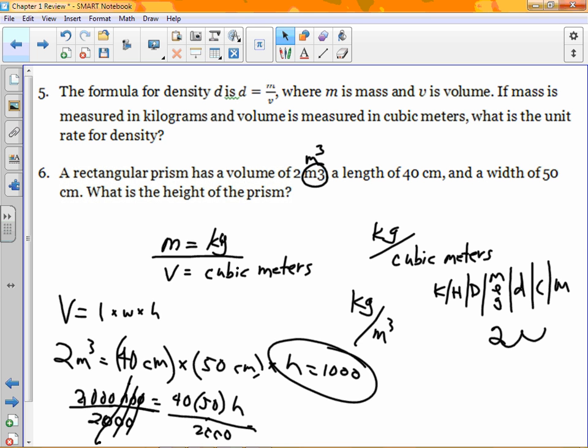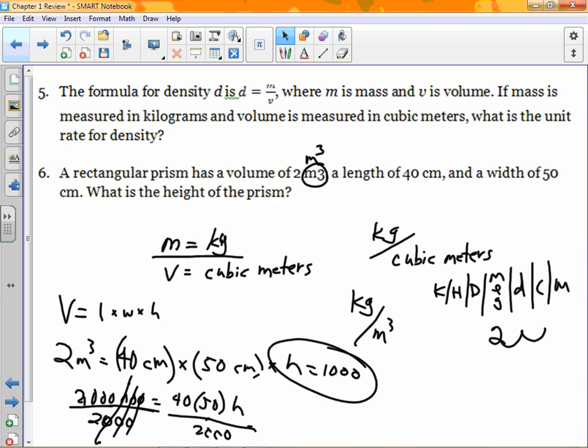The students in my last period class were comfortable with King Henry died drinking chocolate milk. And so what happens here when I go from 2 cubic meters to centimeters, watch, you better look at this. When I go from meters to centimeters, I just move the decimal 2 places. So when I'm measuring linear measurement, that's just moving the decimal.